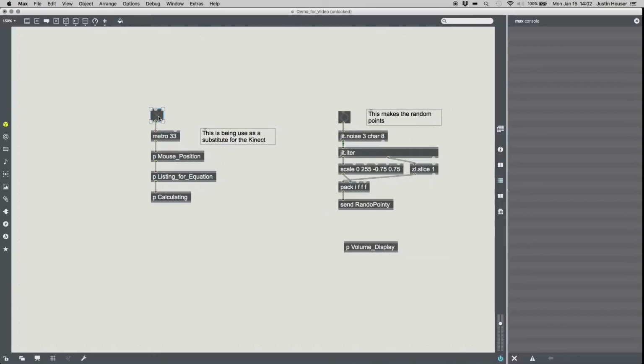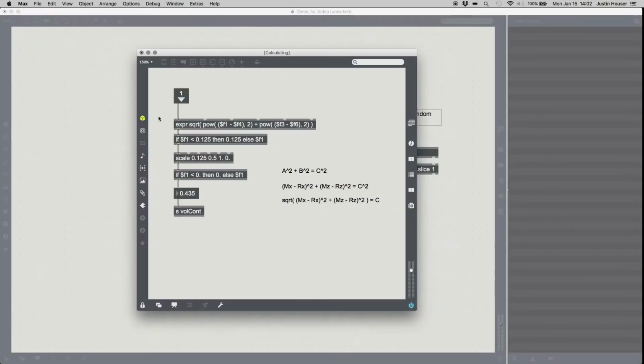So I'm going to turn this on, and then we're going to take a look at how that comes out. First, that's not what I want. I want one of these. First, we're going to look at the actual values that we're getting. So we have this random point, and the closer we get to that point, the closer to 0 we are.